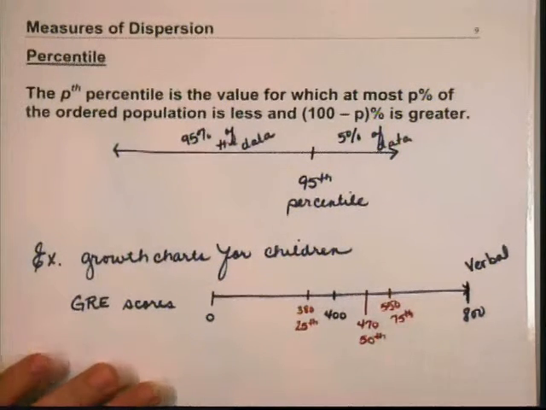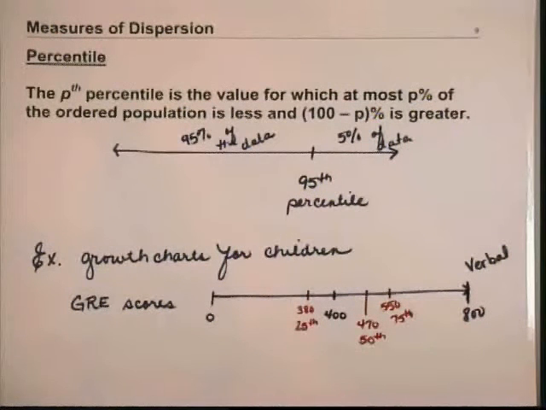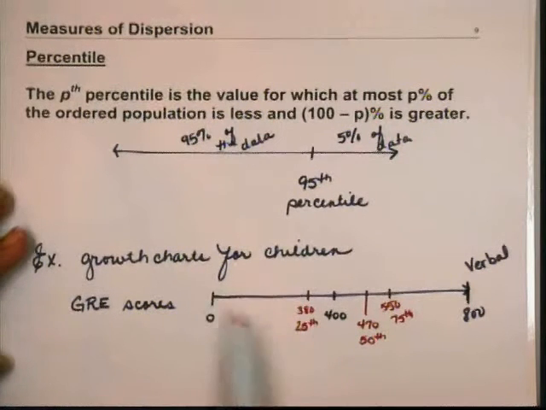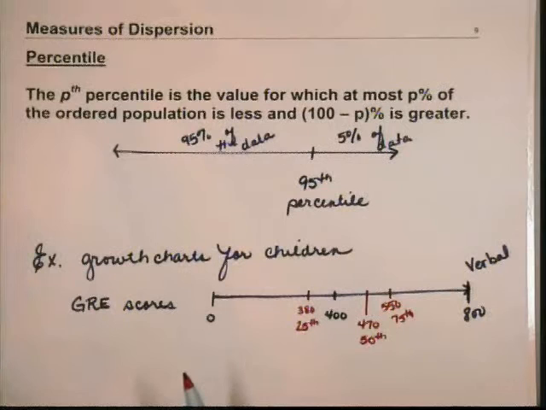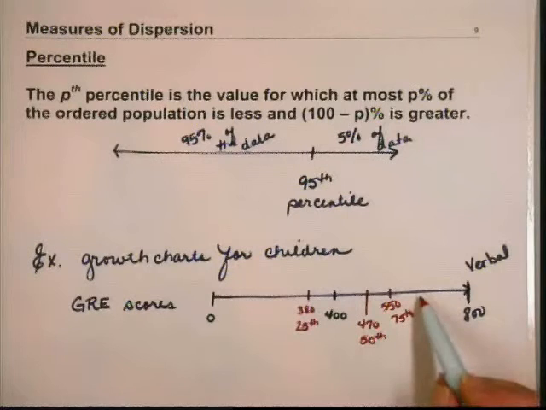And so it's not uniformly spread across that interval 0 to 800. And it makes sense that it shouldn't be, right? You don't want a lot of grad applicants down here, okay? And I think I had that 400 was actually the 31st percentile on that. And 86th percentile was like 610.